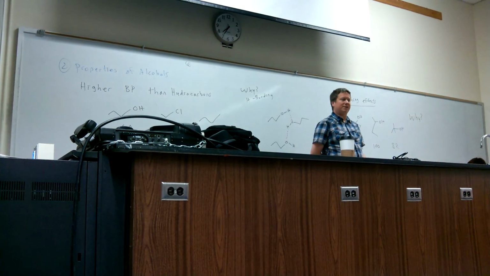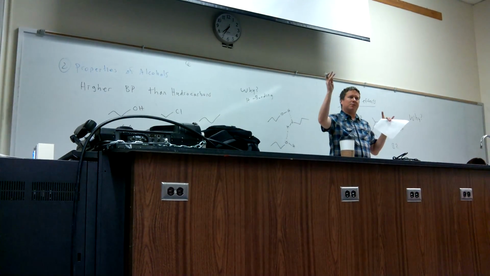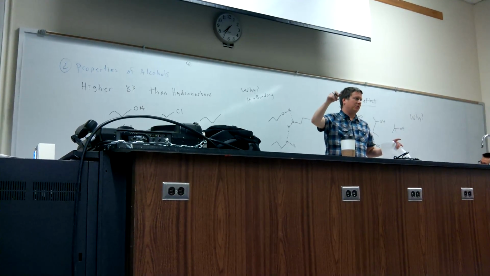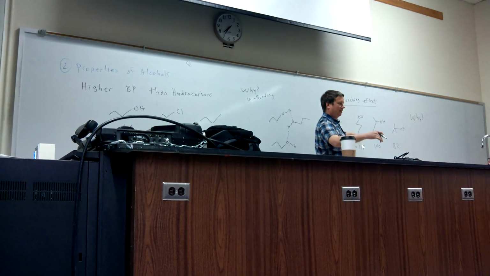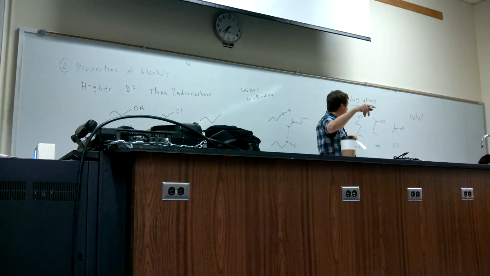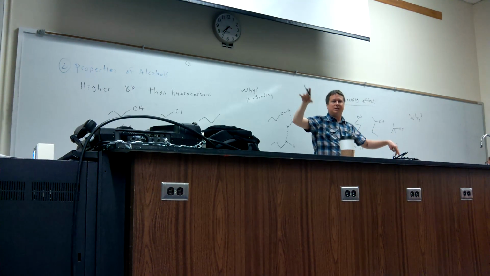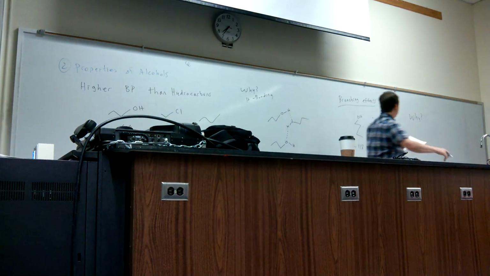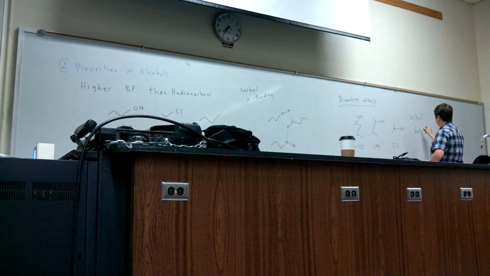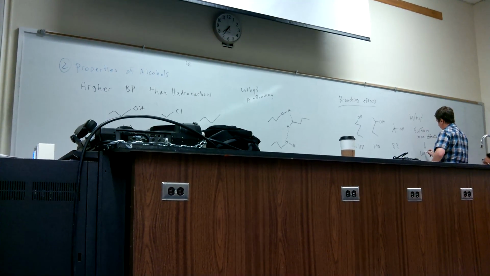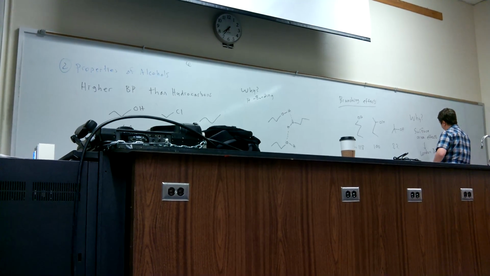There are London dispersion effects where atoms bounce into other atoms and make temporary dipoles, right? And which one has the most surface area? The long snake-like one. So the long snake-like one has more surface interactions. With more surface interactions, you get more intermolecular forces. So surface area effects, and that affects London dispersion.